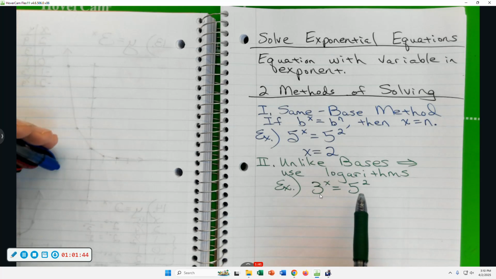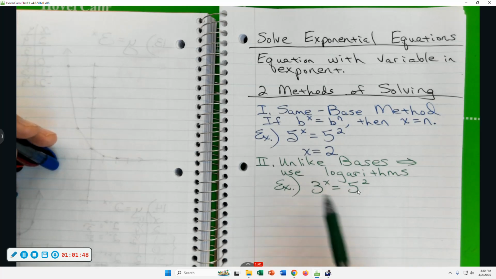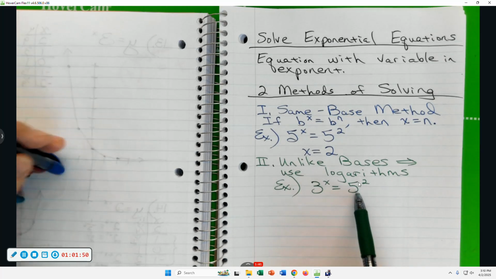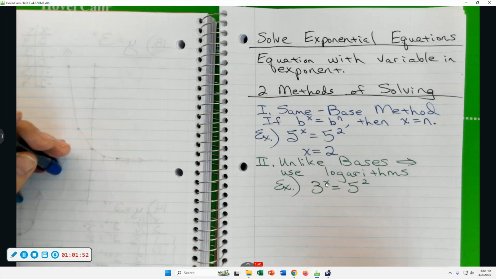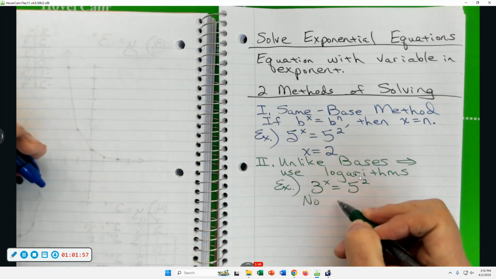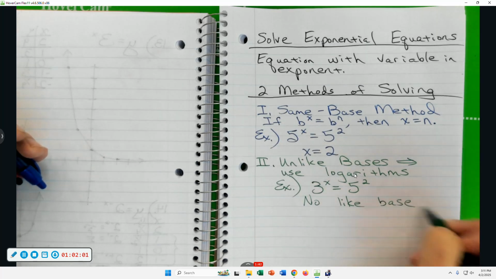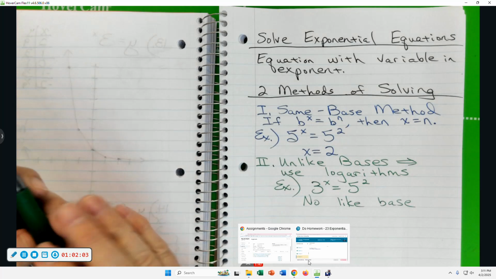Likewise, you can't write 3 as a power of 5. Here, you cannot get a common base, so you would have to use logarithms. I'll say no like base. But we'll see that in not 2 weeks.